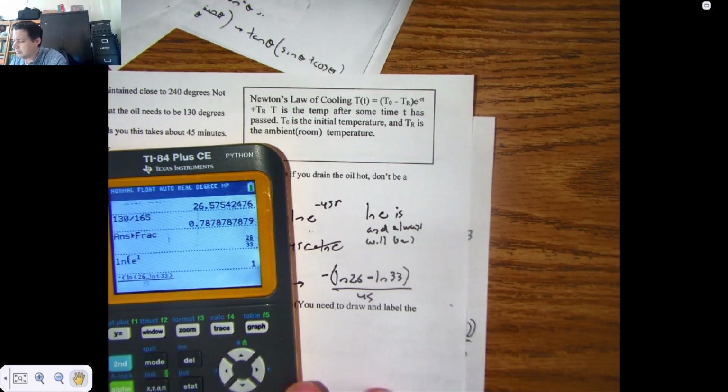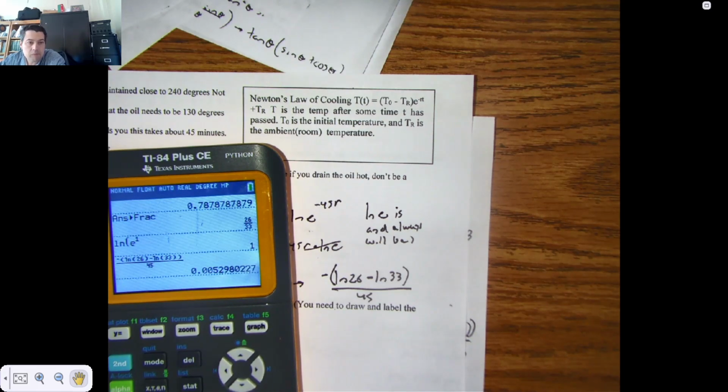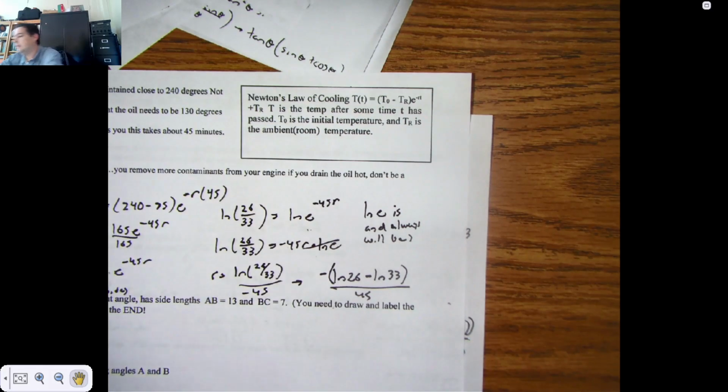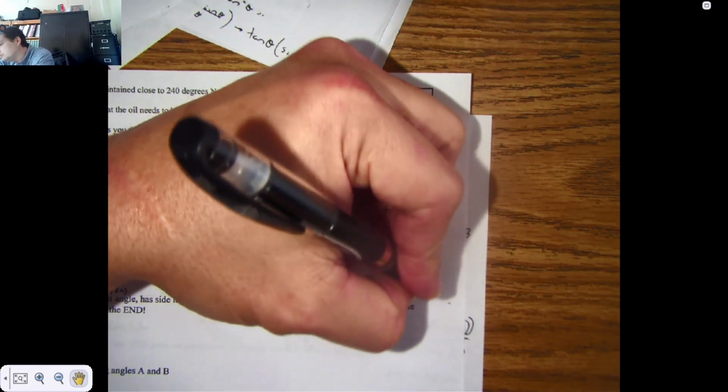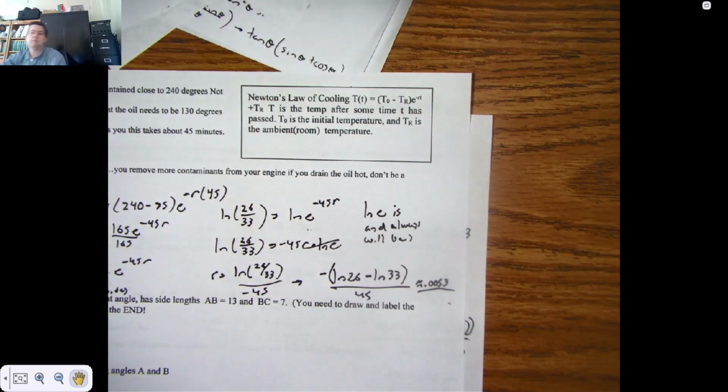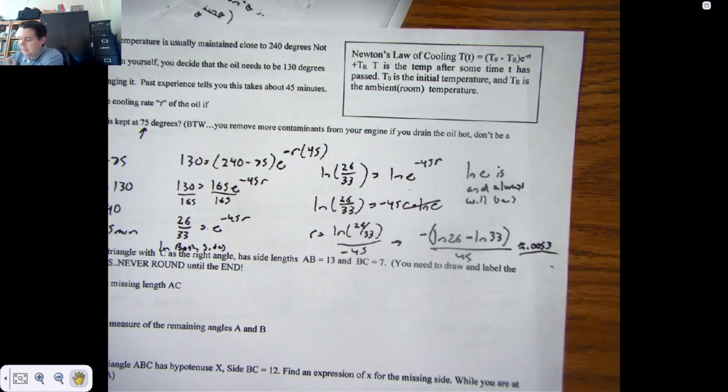Over 45. There's your R value, about 0.0053. There's your rate of decay. Man, I'm doing a lot of this sheet.